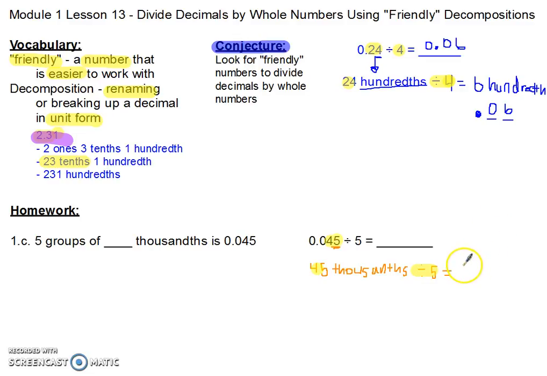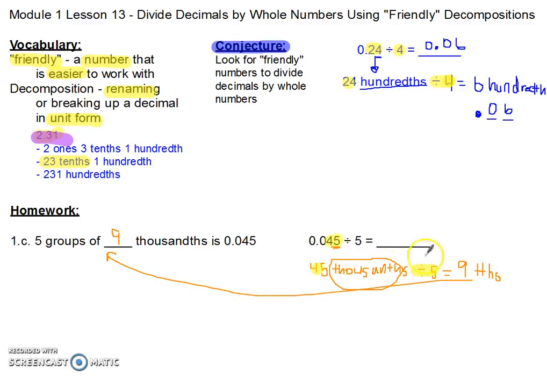But it's not 9, it is 9 thousandths, which I'll just represent with a TH for now. And this gives me that first answer up here. How many groups of thousandths is in 0.45? And there are 9 thousandths in 5 groups of 9 thousandths.